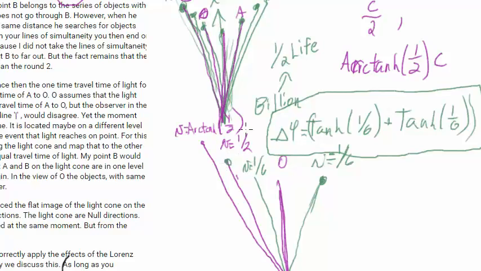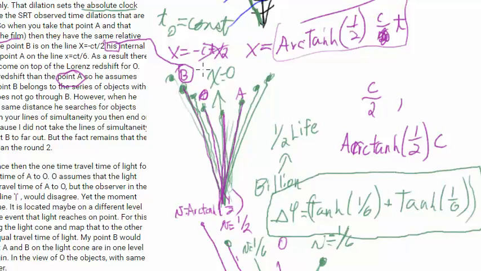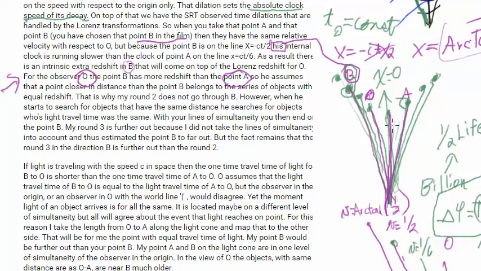I do agree that if you use CT over 2 and negative CT over 2, and this is CT, this is not going to come out as an equal redshift with this because you're not properly applying rapidity. In rapidity space, it's quite easy. But in velocity space, it's kind of like adding slopes.